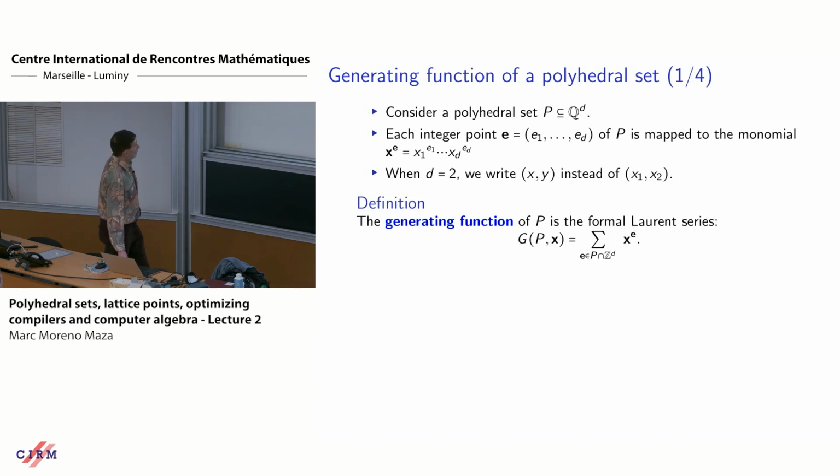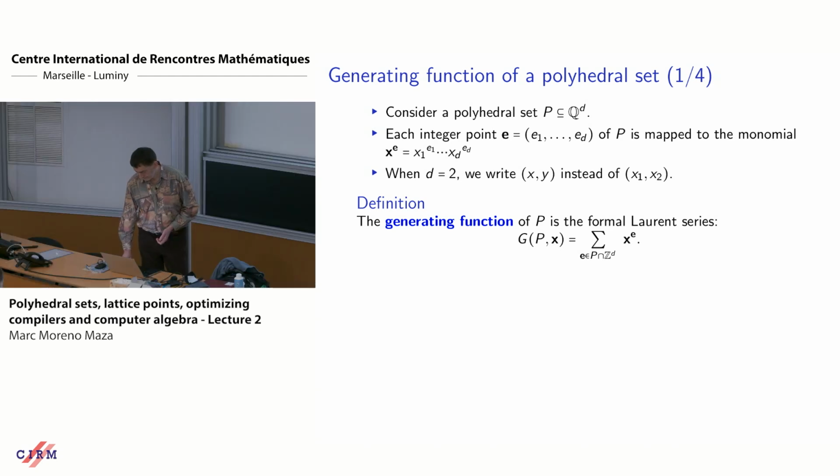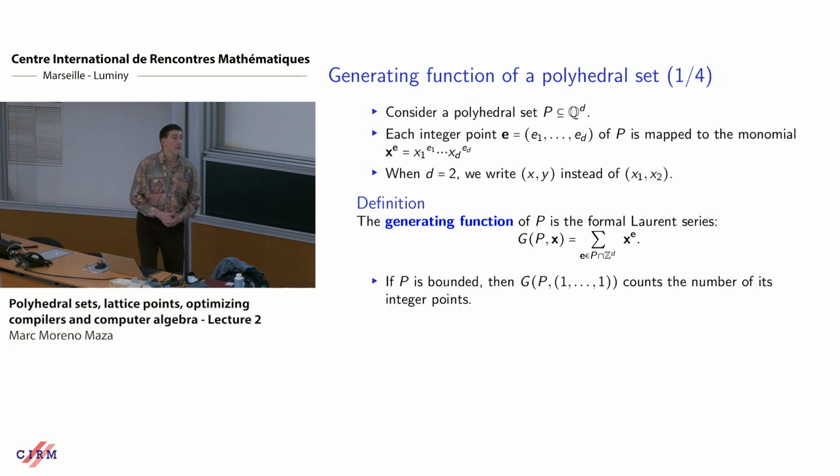And then the generating function of P is the sum of the x to the E, where E ranges through the integer points of our polyhedron. So when P is a polytope, then this thing is a polynomial, otherwise this is a Laurent series.